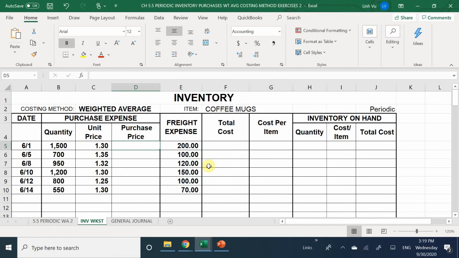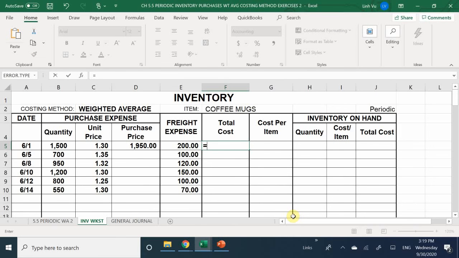So what is going to be my purchase price here? 1,950. Good. What is my total cost going to be, because I have freight of 200? It's going to be 2,150. And again, do I need to solve for the cost per item?